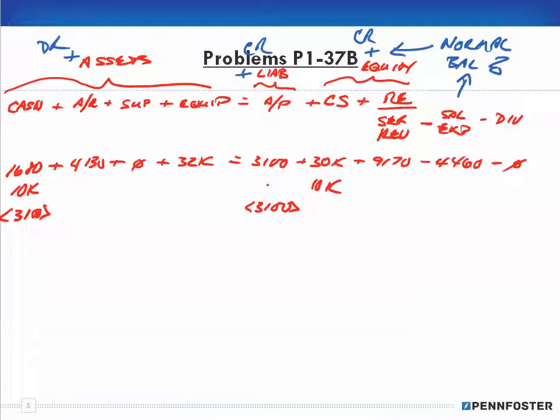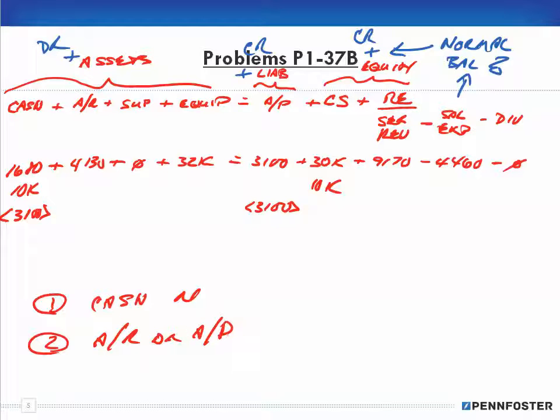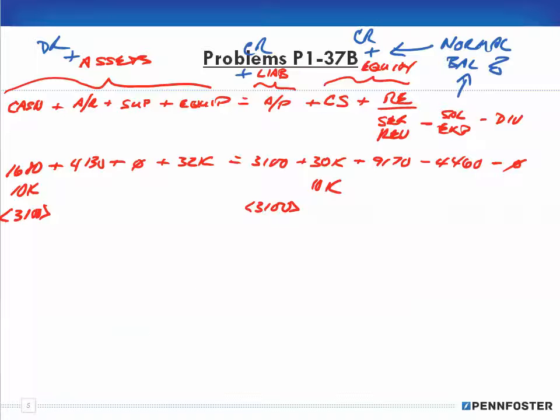Don't start with accounts payable. The first question you ask is, am I affecting cash? And if the answer to that is no, then you ask yourself, does it affect accounts receivable or accounts payable? That's the second question you ask. But start with cash, even if you do know you're going to affect receivables or payables.